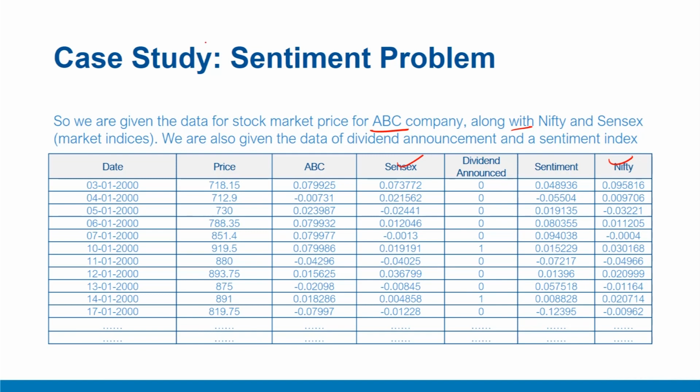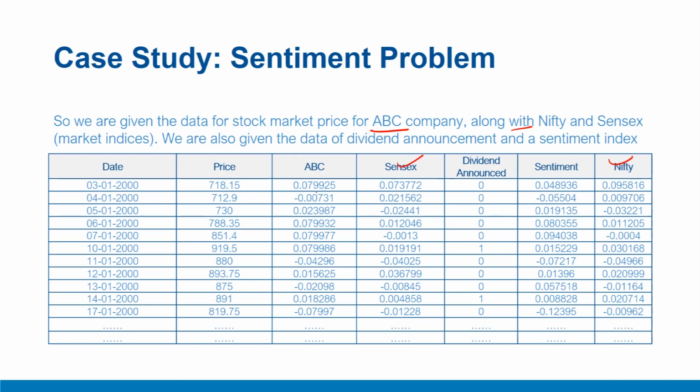Think of a portfolio manager who has to build a model for a particular stock, which is ABC in this question and under consideration. The manager wants to predict the ABC stock price return for this stock using regression model. The data provided to us starts from 2000 and goes till 2019. So we have approximately 19 years of data.